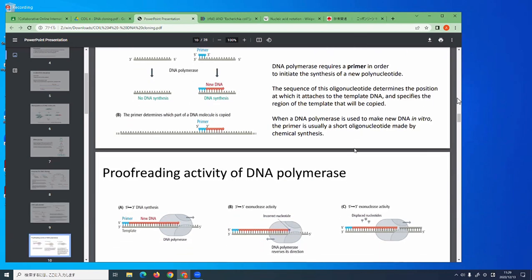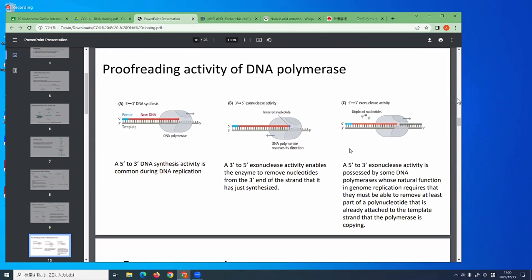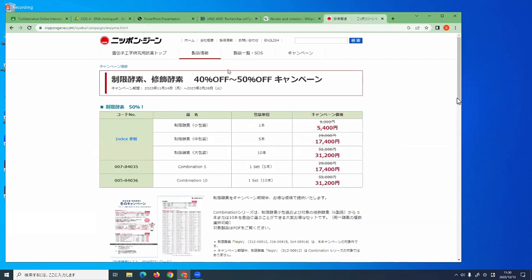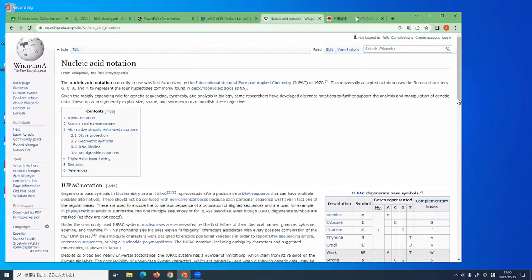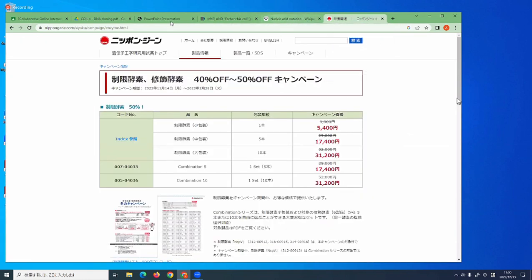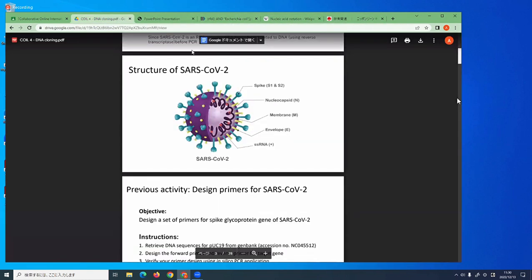DNA polymerase has different types of activity. I think we've talked about this before: 5' to 3', 3' to 5', 5' to 3' exonuclease activity. These are different types of activity, and when you buy the polymerase from sites like this, you can buy different types, depending on your application.